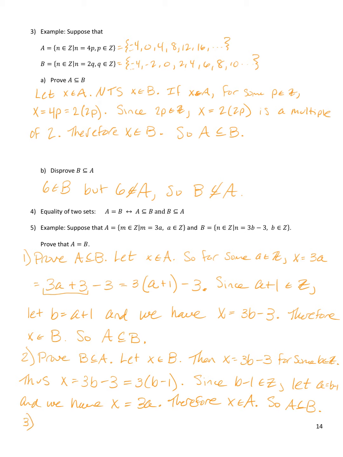So finally, we say by 1 and 2, A equals B, right? In part 1, we showed A was contained in B. In part 2, oops, I wrote it backwards over here.